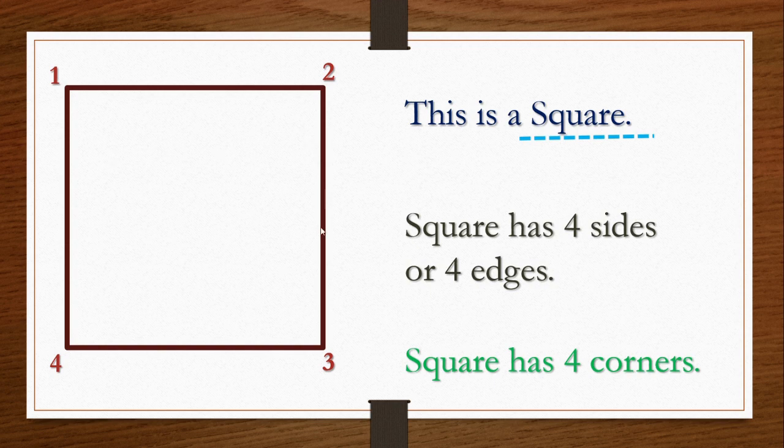Rectangle has 4 corners. Square also has 4 corners. Then what is the difference between rectangle and square? Can you tell me? Okay. Let us know the answer for this later on.